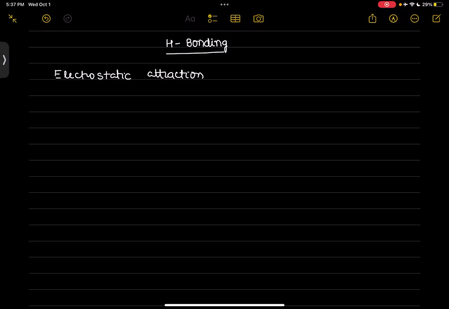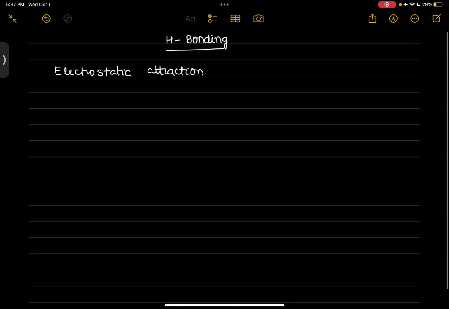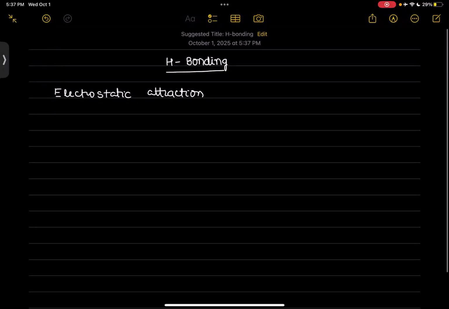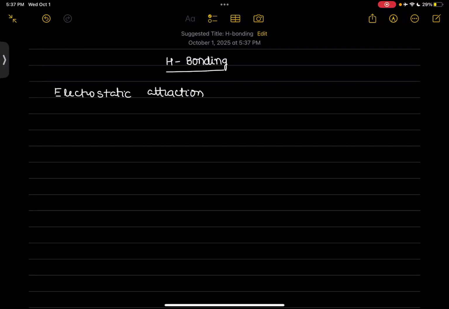Okay, what do we mean by electrostatic force of attraction? It means the force of attraction between plus and minus, right? Plus charge and minus charge is the electrostatic force of attraction between ions.